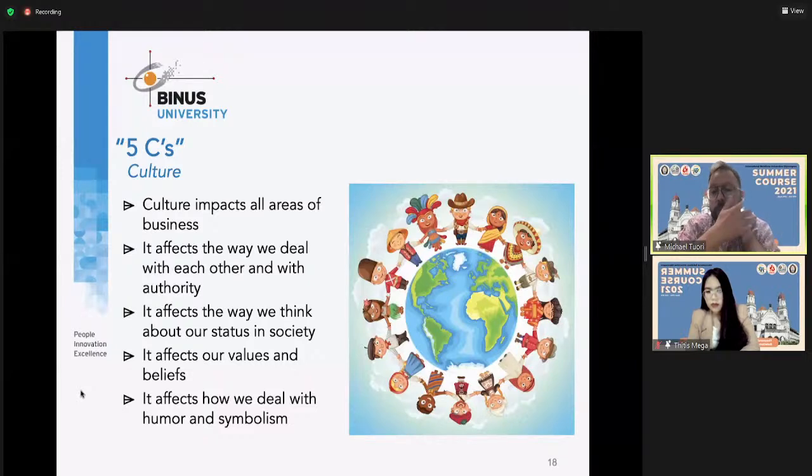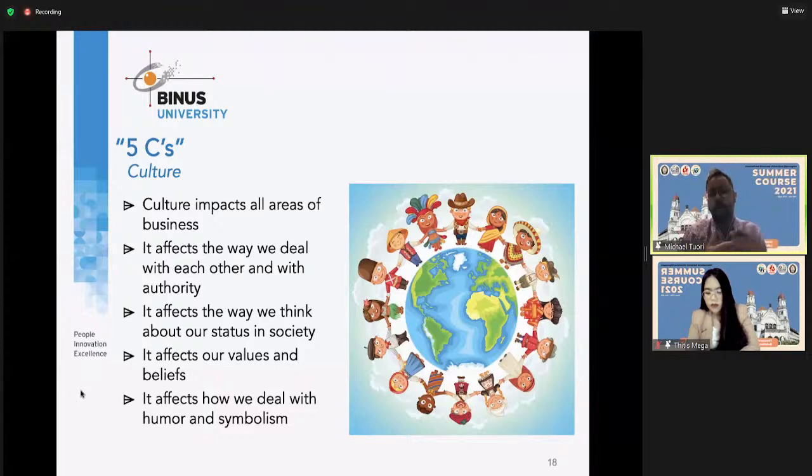So culture is really important in the operations and the human resource management of a business, but it also affects our marketing, how we communicate to our customers, how we convince people to buy our product, how customers use our product. It's all going to be impacted by culture.